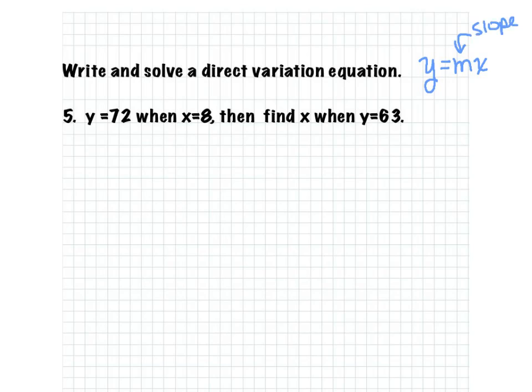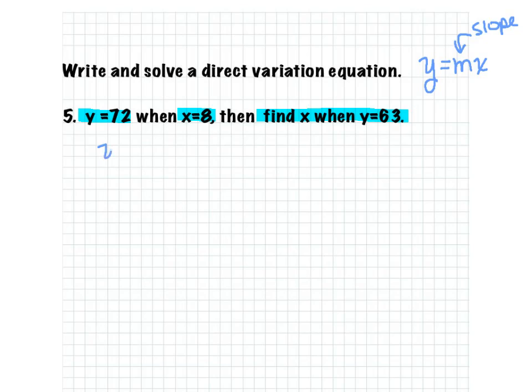Y equals 72. X equals 8. And then they want us to find x when y is 63. How are we going to find x where y is 63? Well, we need to determine the slope of this line. So let's start with the information they're giving us.